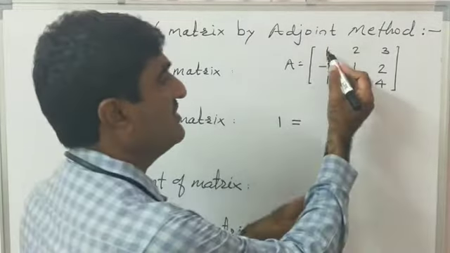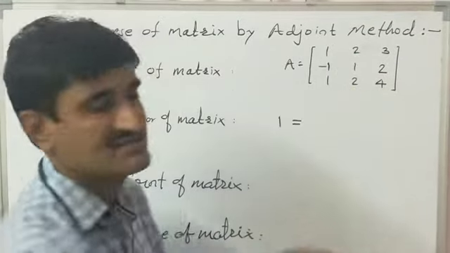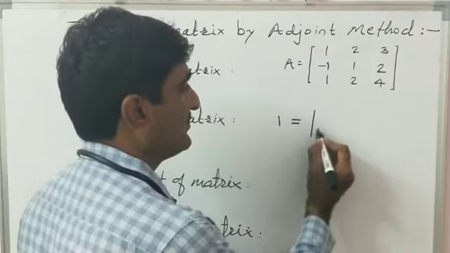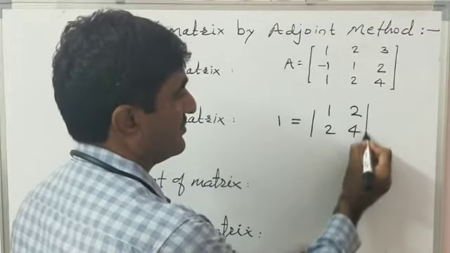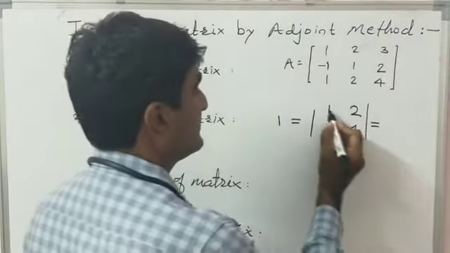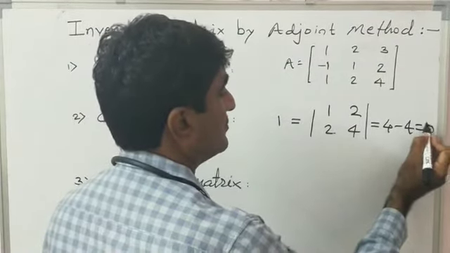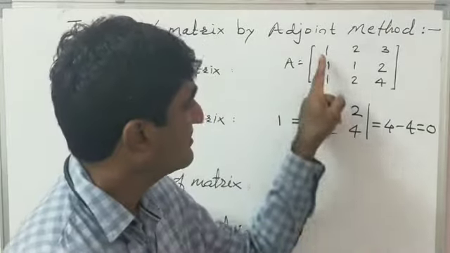Then this determinant remains, and this is the minor: 1, 2, 2, 4. If we solve this determinant, that is 4 minus 4 equal to 0. So the minor of the first element 1 is 0.